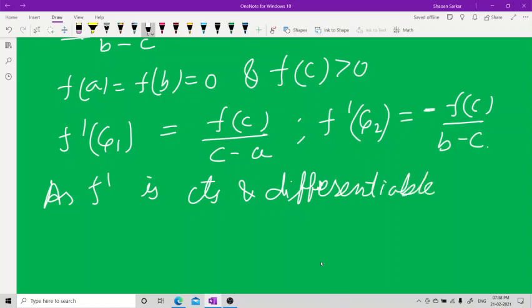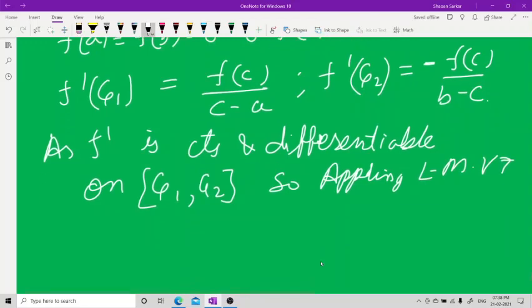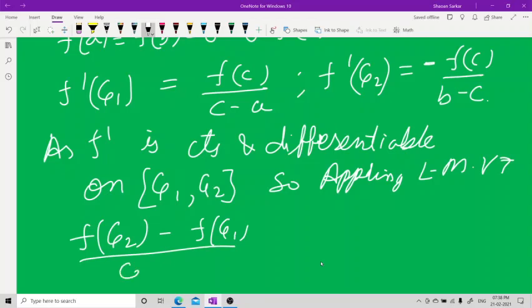it is continuous on [zeta 1, zeta 2] and differentiable on (zeta 1, zeta 2). So applying LMVT, we have f dash of zeta 2 minus f dash of zeta 1 upon zeta 2 minus zeta 1 equal to f double dash zeta.